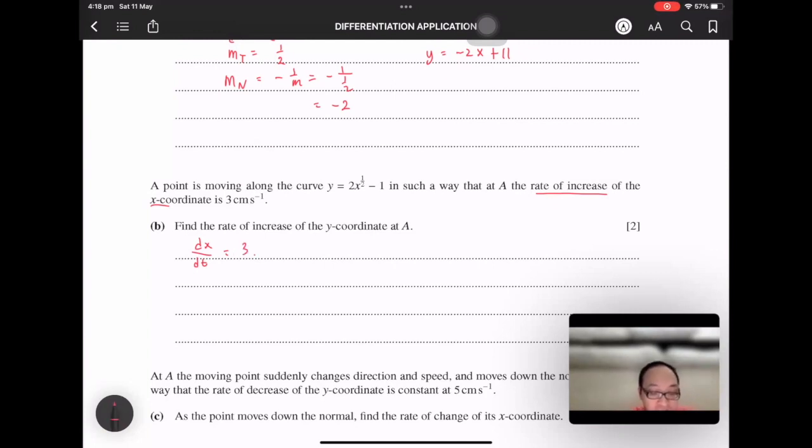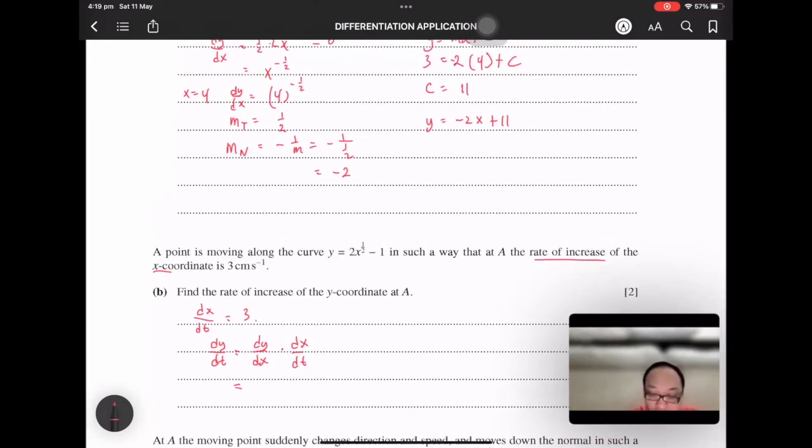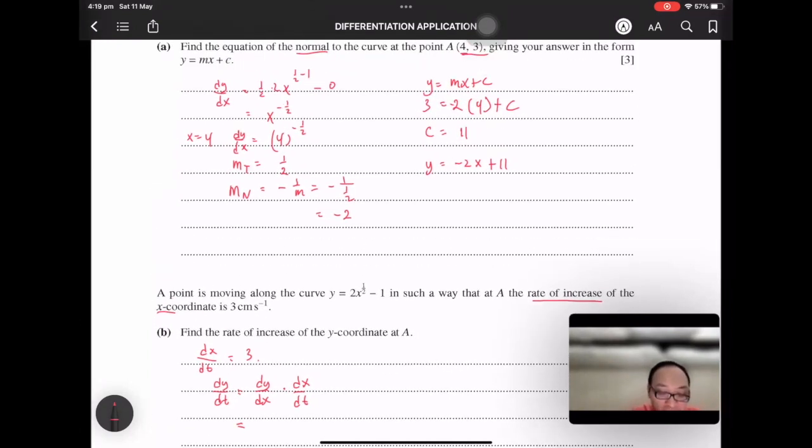Find the rate of increase of the y-coordinate of A. So we are looking for dy/dt. Now using the chain rule, we can find dy/dt from dy/dx times dx/dt. At point A, dy/dx is half.